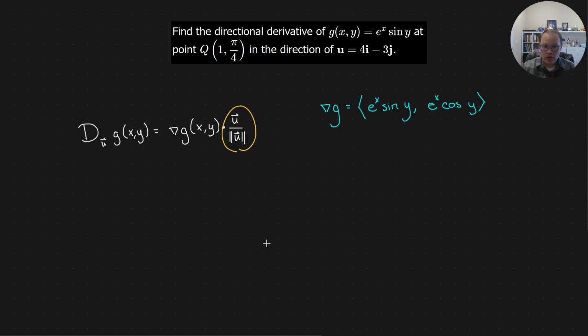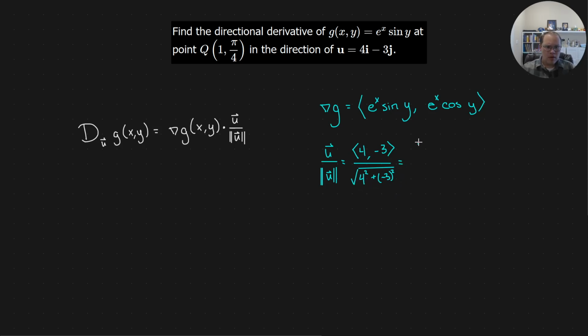And then I'm also going to need to normalize vector u. So u over norm of u is going to be the vector 4 comma negative 3 divided by the square root of the first component squared plus the second component squared.